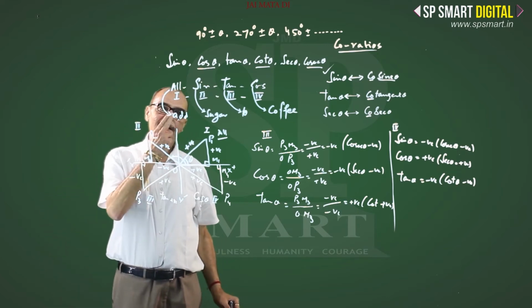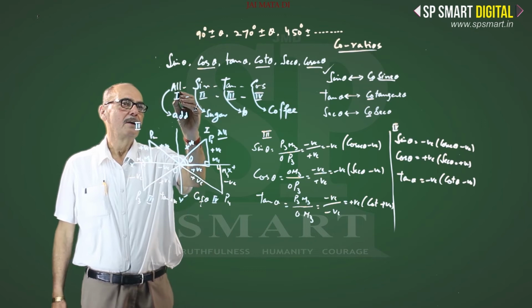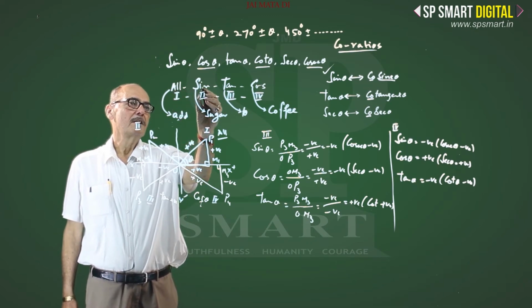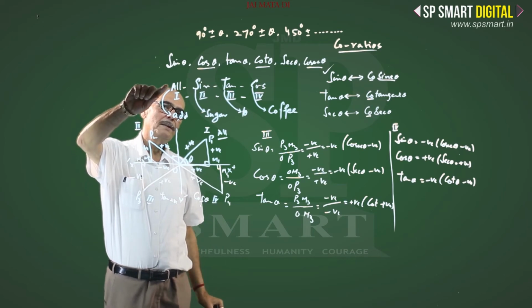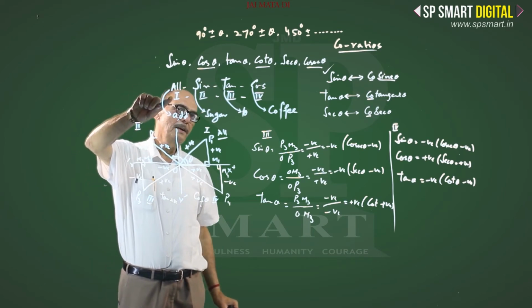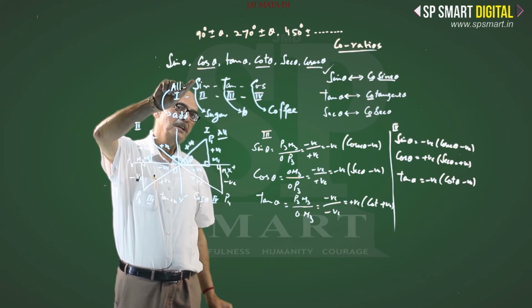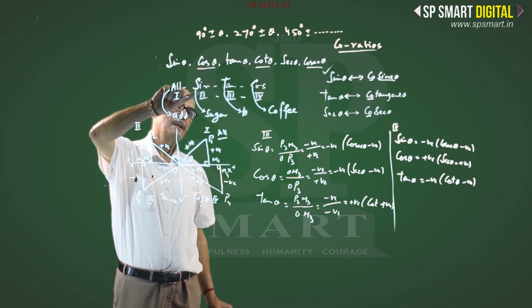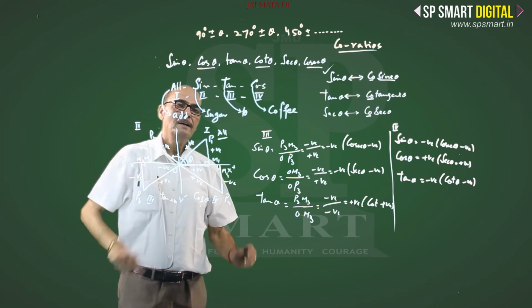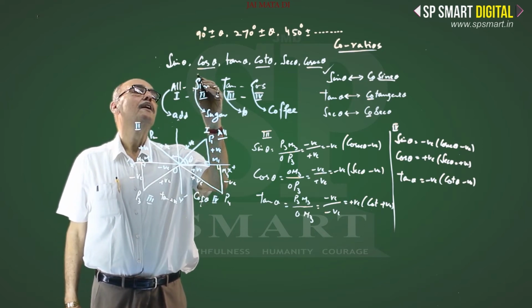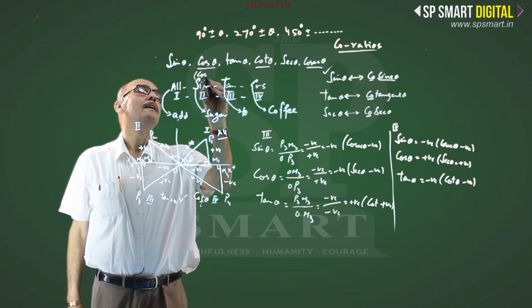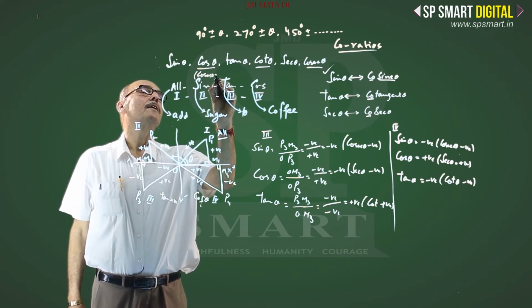In a nutshell, all trigonometric ratios are positive in the first quadrant, sin is positive in the second quadrant. Well, its reciprocal, that is cosec of theta, will always be positive in second quadrant.